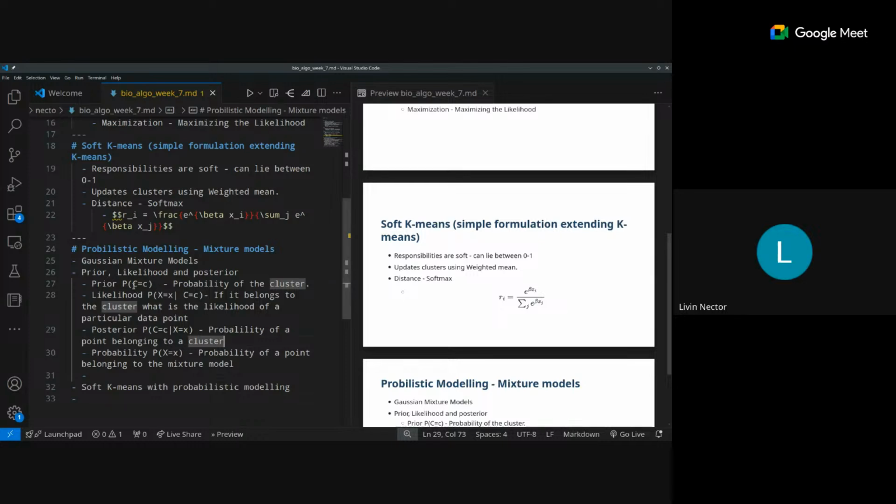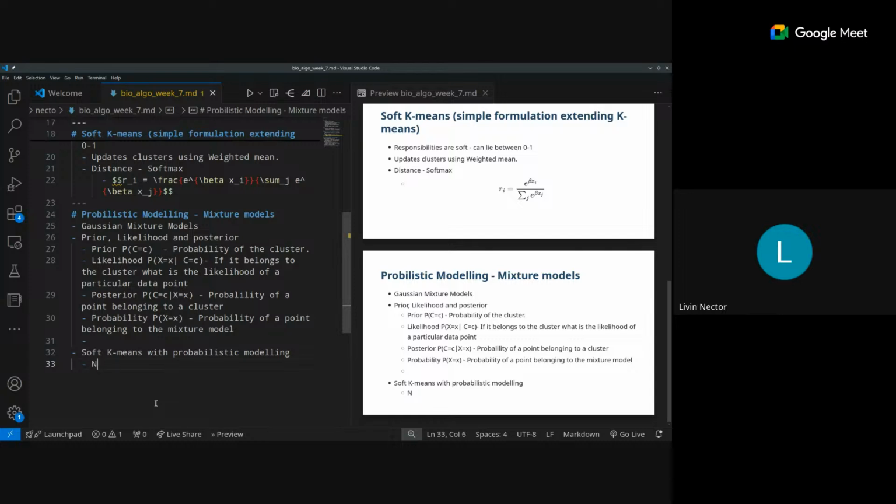What is the probability of the cluster? So assume you have 3 Gaussians, with mean 0 and variance 1, mean 1 and variance 2, and mean 2 and variance 3. So there are 3 Gaussians in here, right?